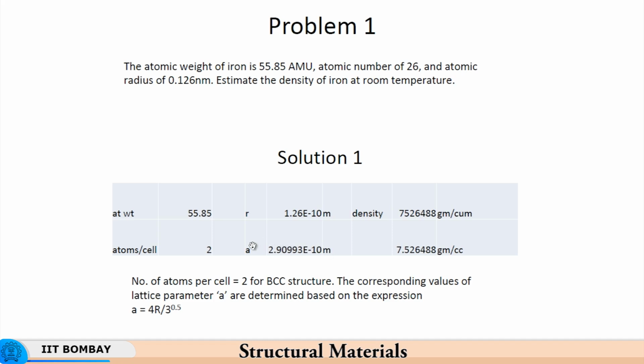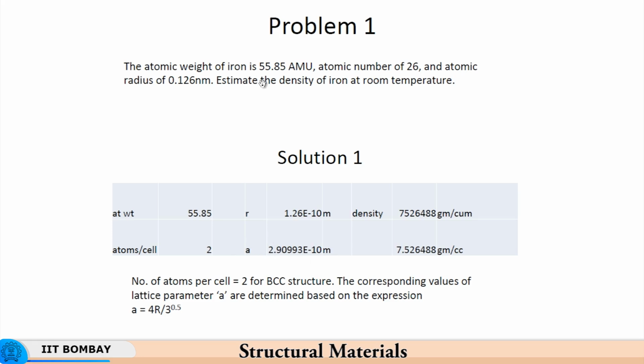So we have found the value of A, that is the lattice parameter for a unit cell of iron, and then the volume of one unit cell is A cube.